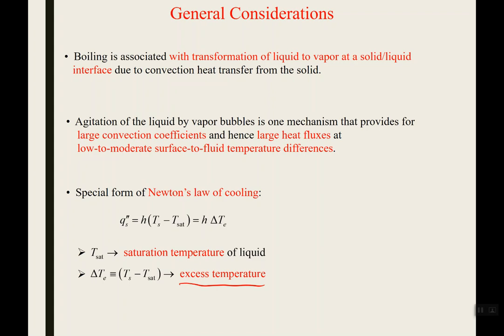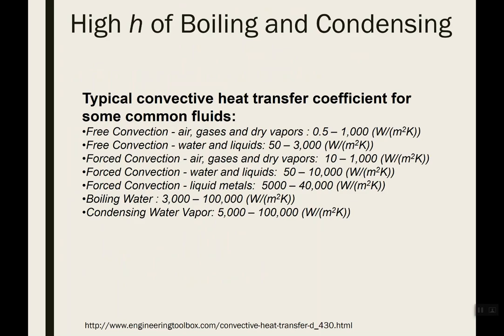So putting that into Newton's law of cooling, we just see that flux is proportional to h times surface temperature minus the saturation temperature, which goes into this delta T sub e. So just remember that delta T sub e means the excess temperature. It's the temperature at which your surface exceeds the saturation temperature of the liquid.